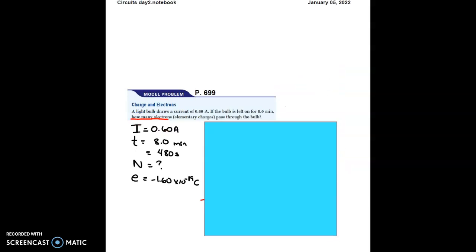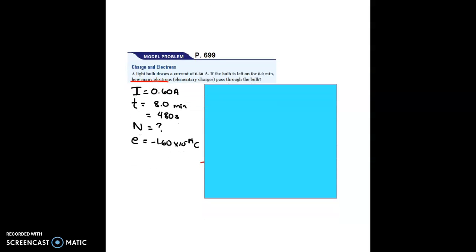Let's do a sample problem here. It's on page 699 in your book. A light bulb draws a current of 0.60 amperes. If the bulb is left on for 8 minutes, how many electrons or elementary charges pass through the bulb?